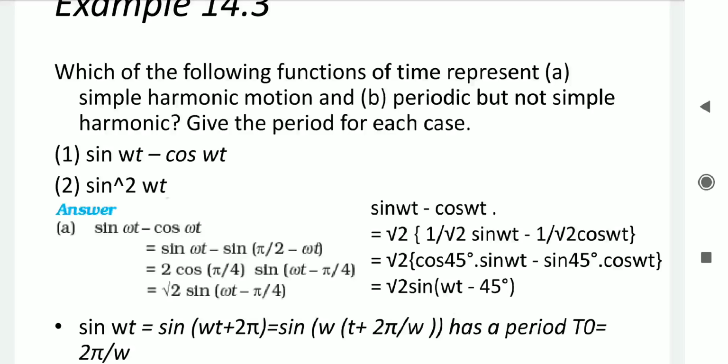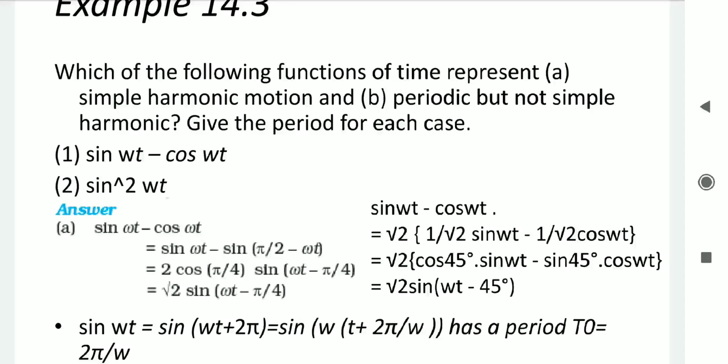So the time period for this function is 2 pi by omega. This function is periodic with time period T equal to 2 pi by omega. It is a simple harmonic motion because both individual components have the same frequency, but there is a phase difference between these two waves. We have a 45 degree phase.